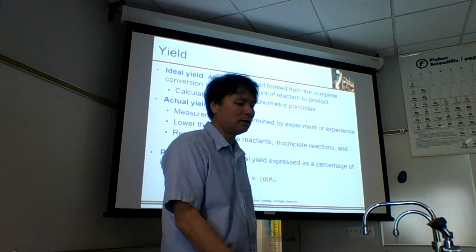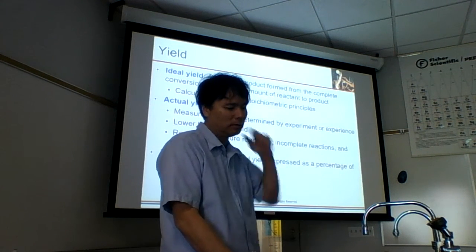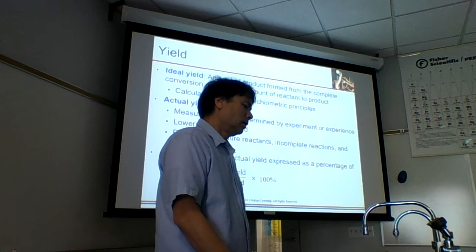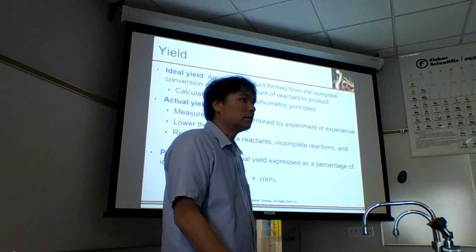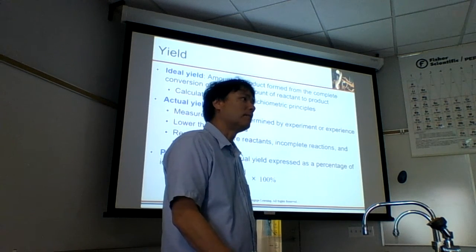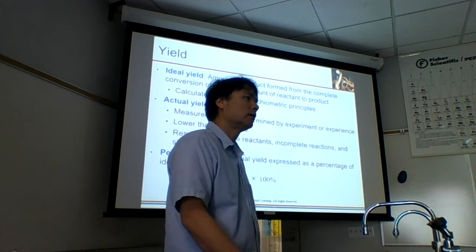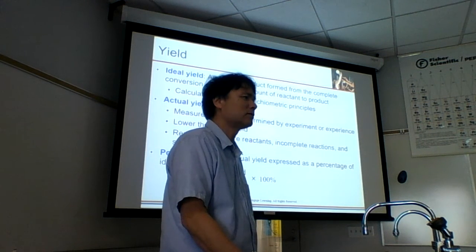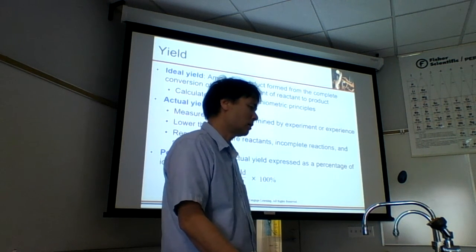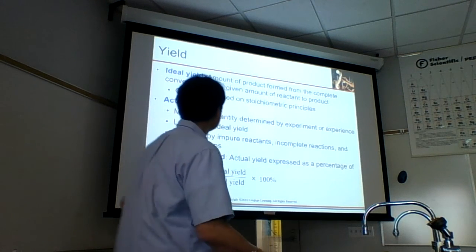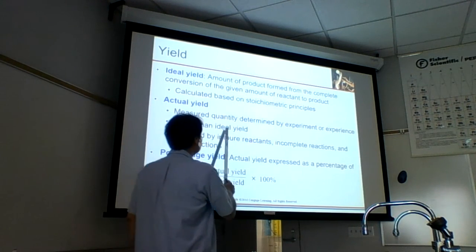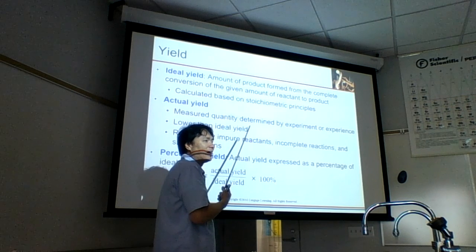It depends on who does the cooking, because some people can get better actual yields than others, based on their technique. Maybe they spend more time, maybe some people don't have enough time, and so they'll just slop everything together. And so the actual yield is the yield that you actually got.